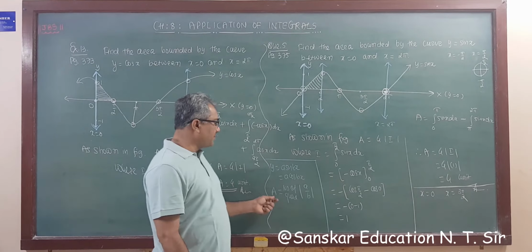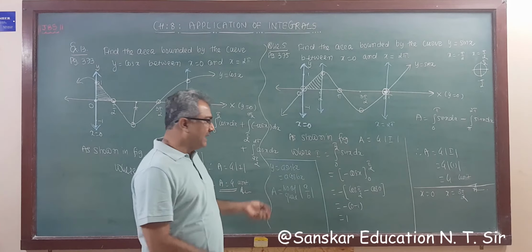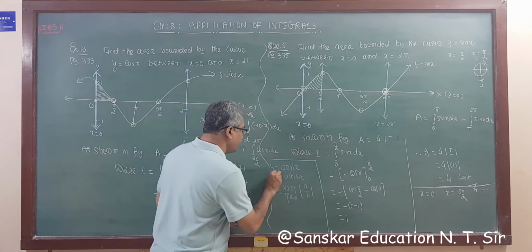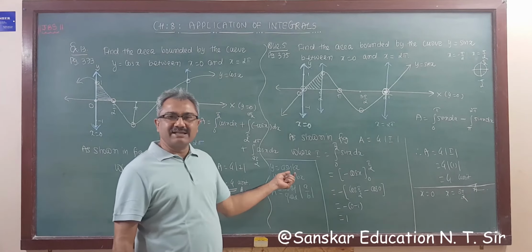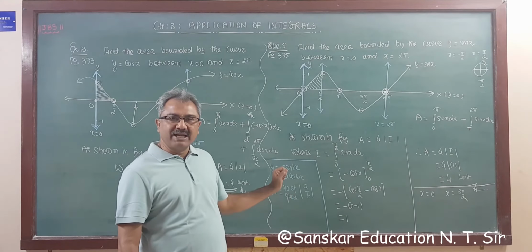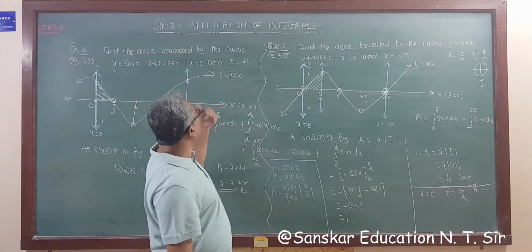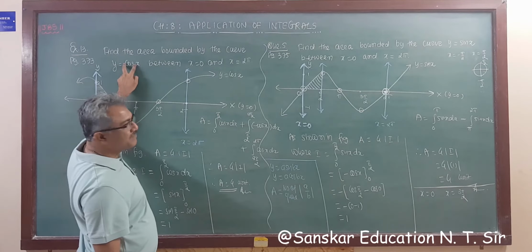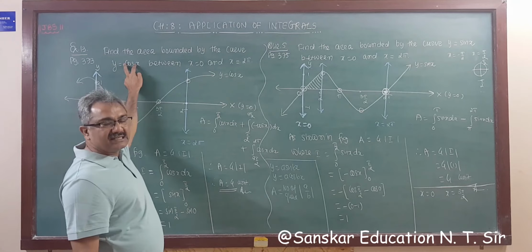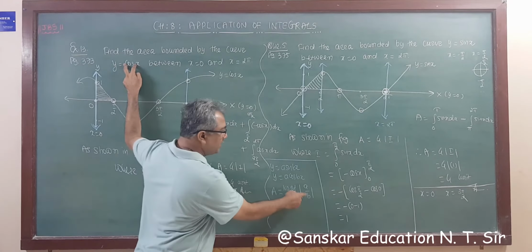That is the shortcut method for finding the area of a function involving this type of equation, that is a sin bx or a cos bx, right? A upon b. So here in both cases a is 1 as well as b is 1. So the answer is a upon b, right?